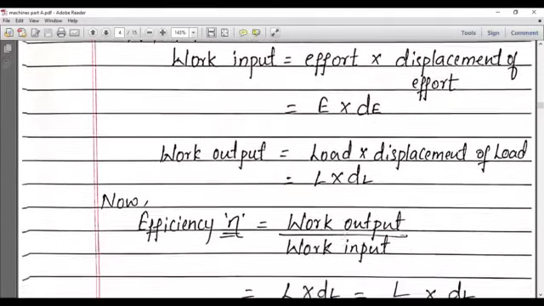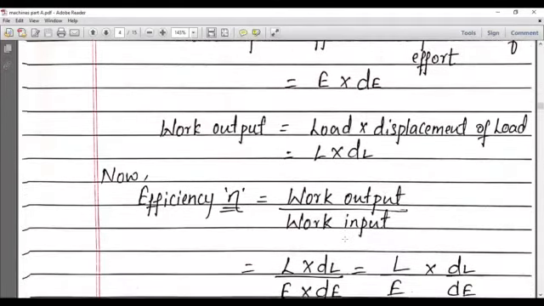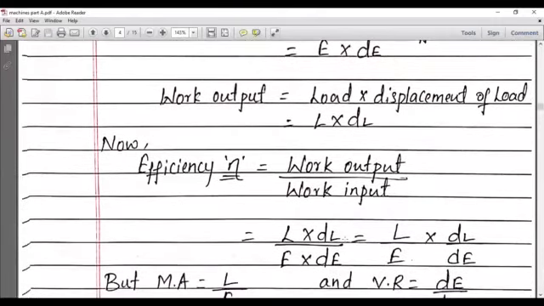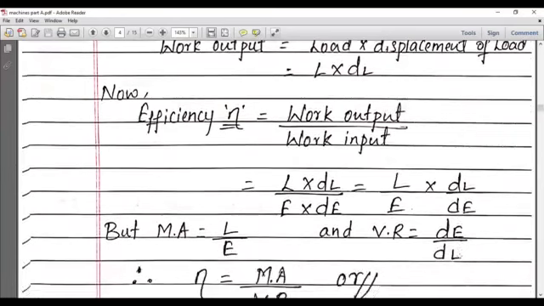Therefore, if we write efficiency, work output divided by work input. So from these two, work output and work input, we can write L into dL divided by E into dE. So L by E into dL by dE. We know that load by effort is nothing but mechanical advantage, and dL by dE, distance moved by the effort divided by distance moved by the load, is known as velocity ratio.